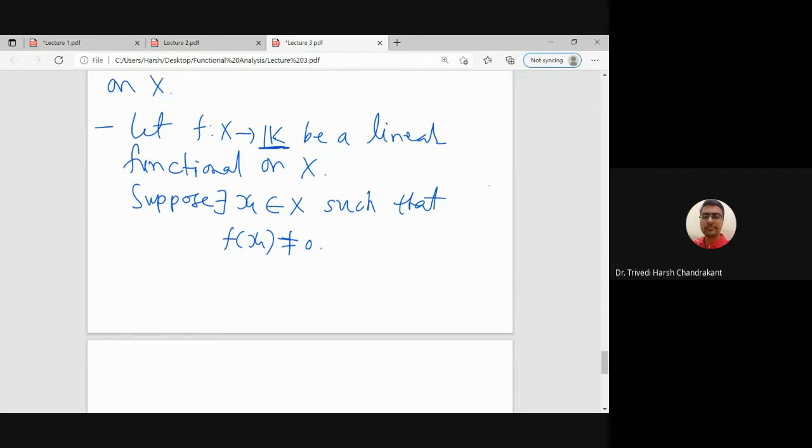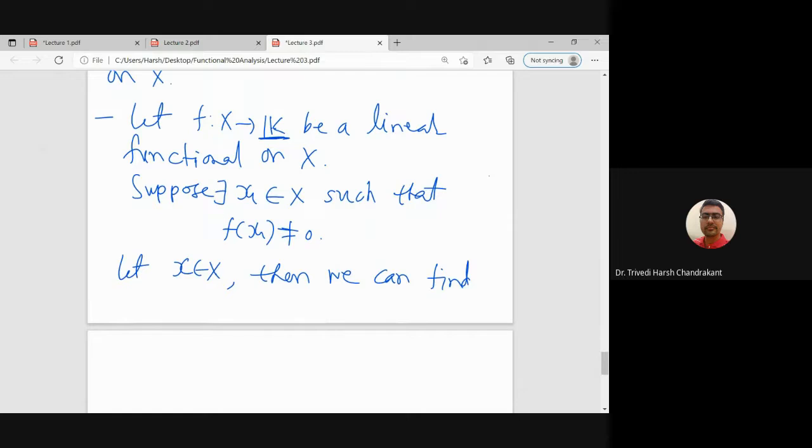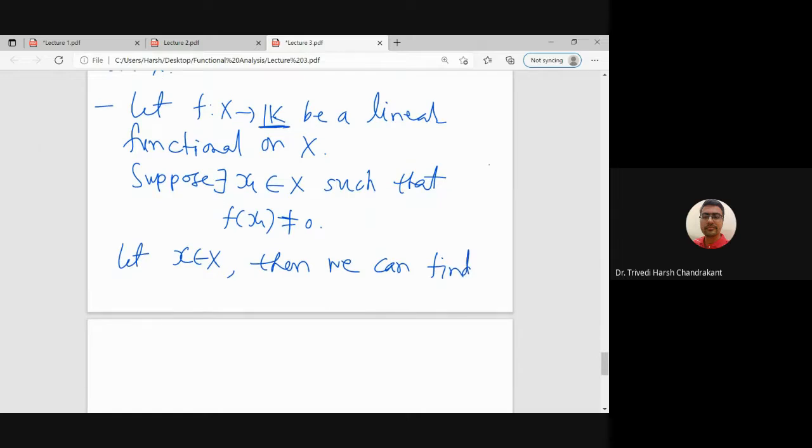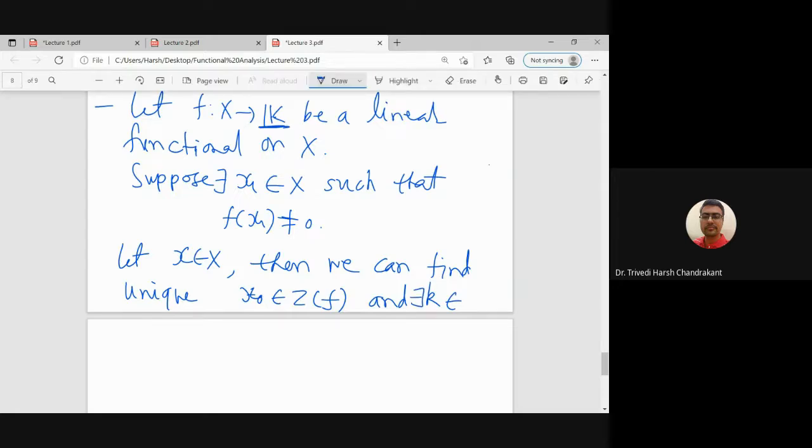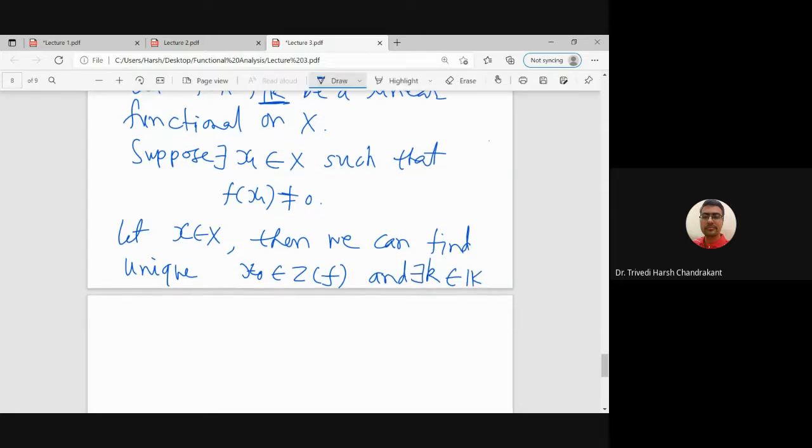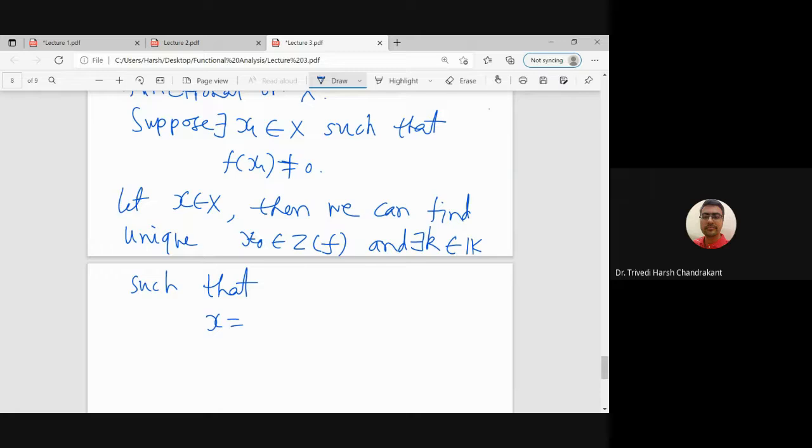From that, if we take any element x of X, then we can find a unique element x0 in the null space of F, and a scalar k such that x can be written as x0 plus k times x1.